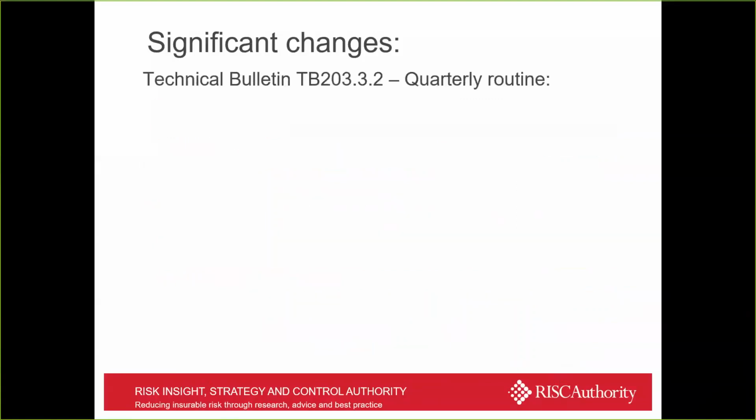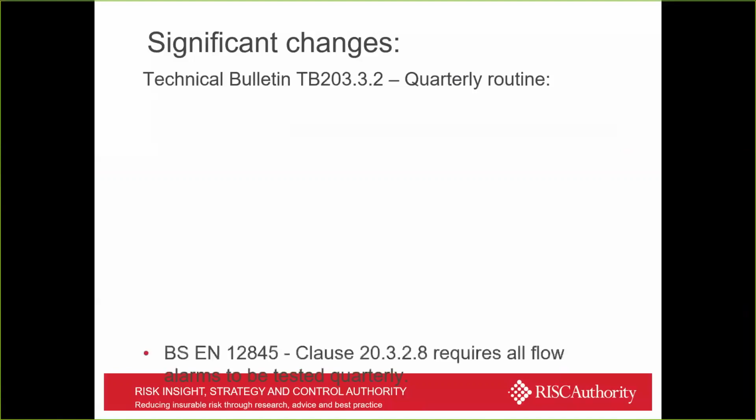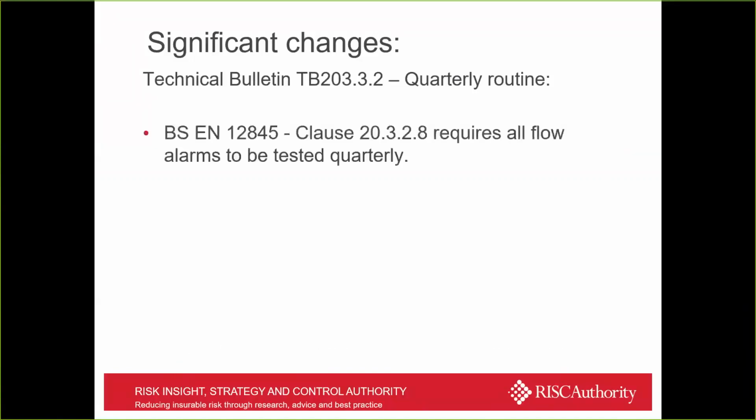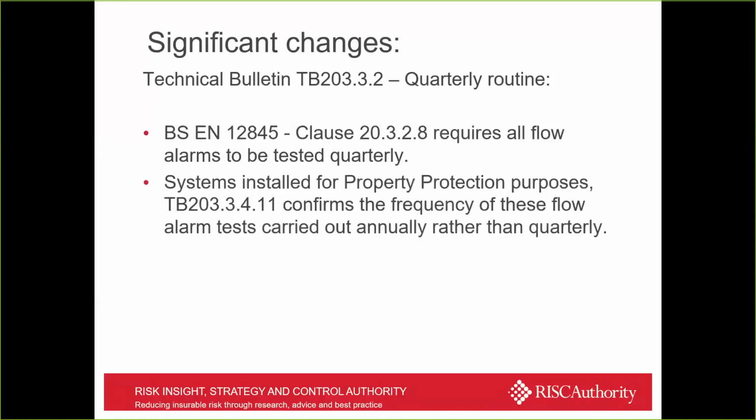The more impactful changes are that quarterly routines covered under TB203.3.2 listed the requirement to test flow alarms quarterly, also in clause 20.3.2.8 of 12845. For systems installed for property protection purposes, we allowed the testing of those alarms to be annually rather than quarterly from a cost perspective.